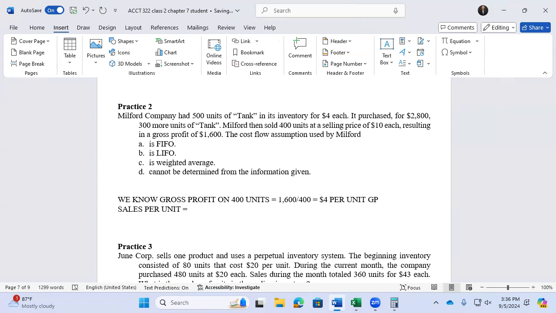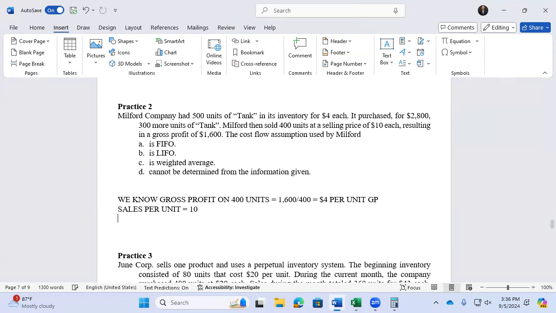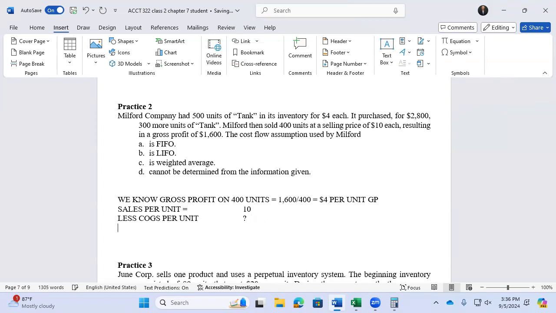Yes, that's right, 10, resulting in gross profit of 4 per unit, less cost of goods sold per unit. Sorry, we don't know what that is.